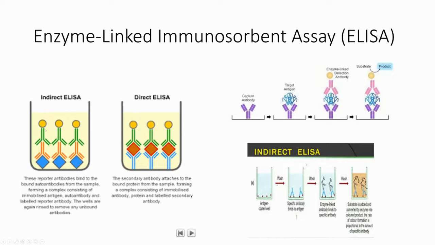Then you have the secondary antibody to bind this antibody, and later on you can detect the color, the signal. They have this color developing stage that gives you the color. Normally for the ELISA, we use the ALP.